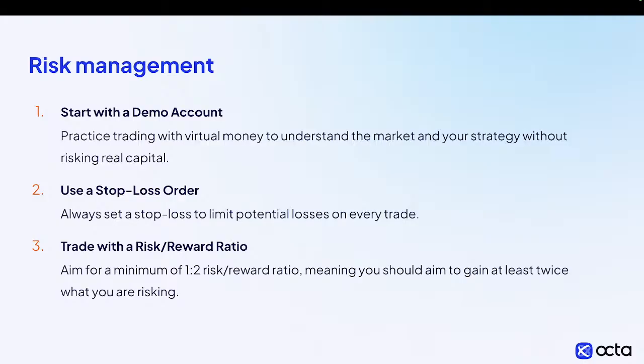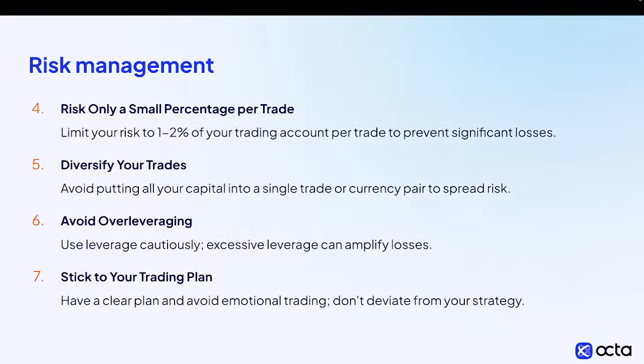Okay, very, very important. And also you trade with a risk to reward ratio, and you have to aim for a minimum of 1:2. So you are willing to lose at least 1% and reward and target at least 2% reward, right? Now you also need to risk only a small percentage per trade, right? So you have to limit your risk. Very, very important. Diversify your trades. So don't put all your eggs in one basket.